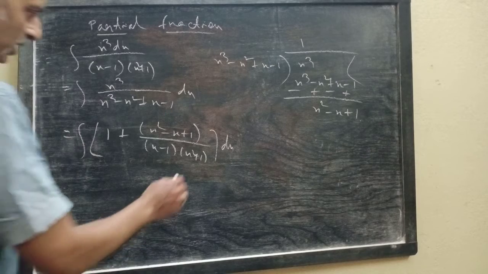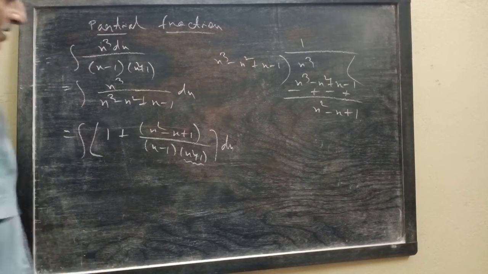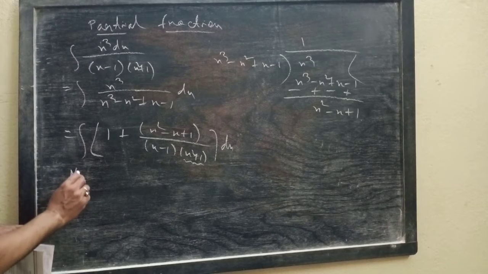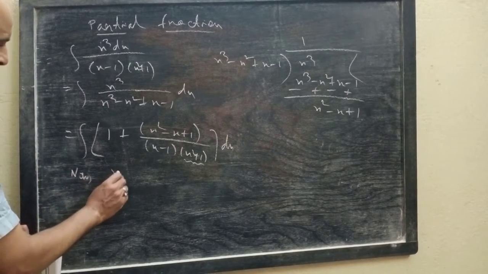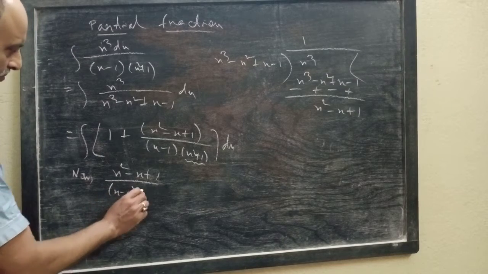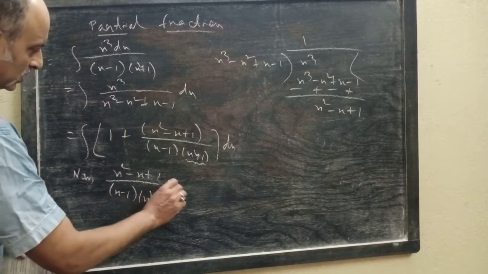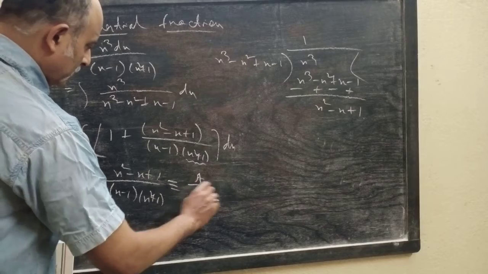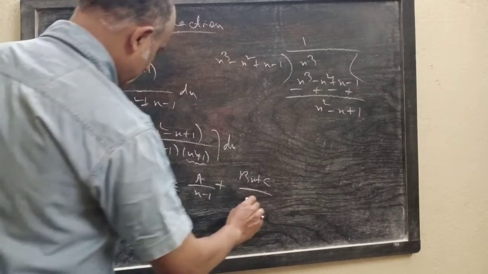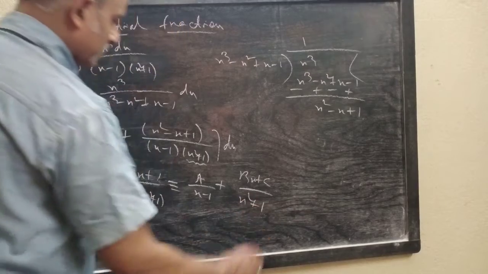Now look at the fact that this is irreducible. X square plus 1 cannot be factorized into real linear factors. So now we have to write this fraction as a by x minus 1 plus bx plus c by x square plus 1.